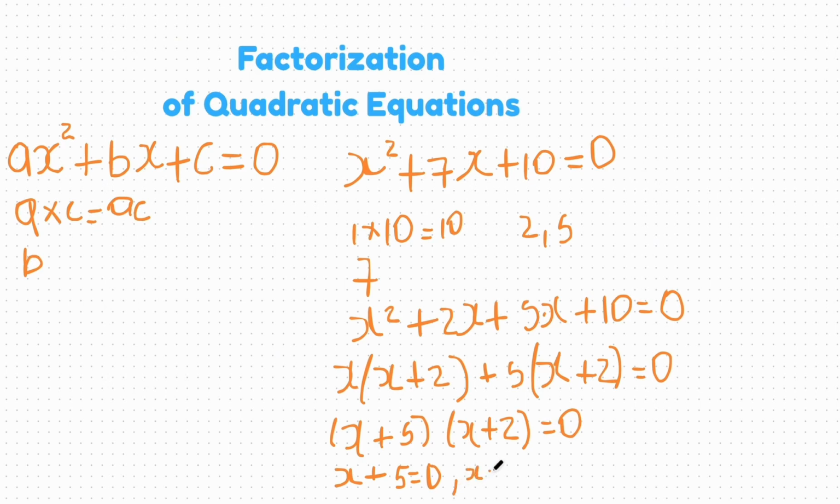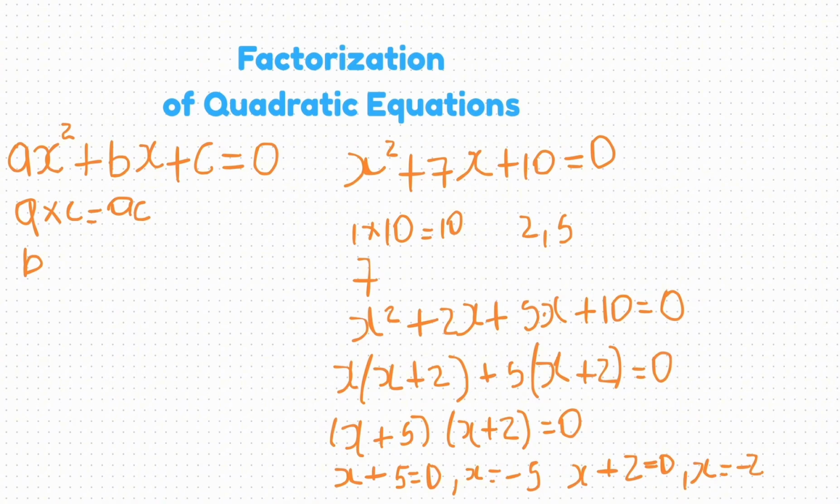X is equal to negative 5. X plus 2 is equal to 0. When we transpose, that's when we bring over our 2. X becomes what? X is equal to negative 2.